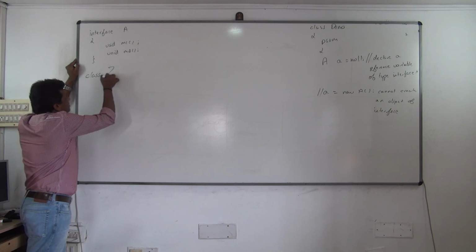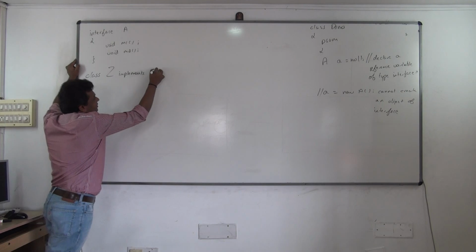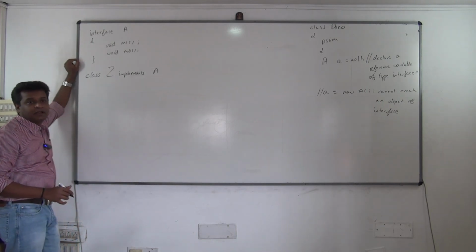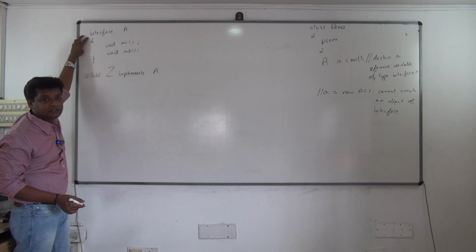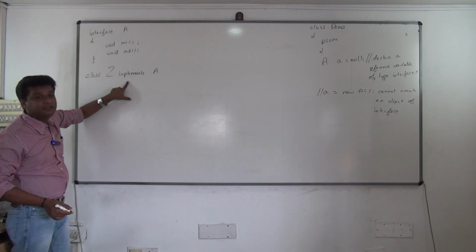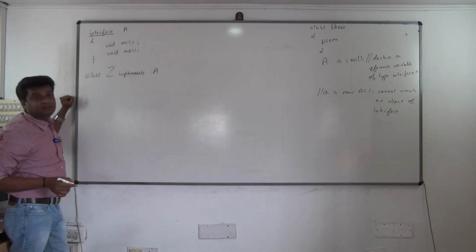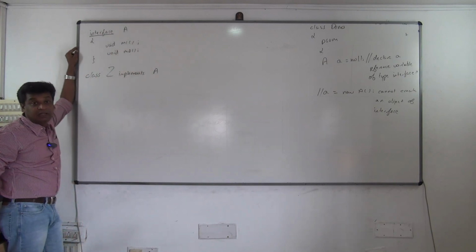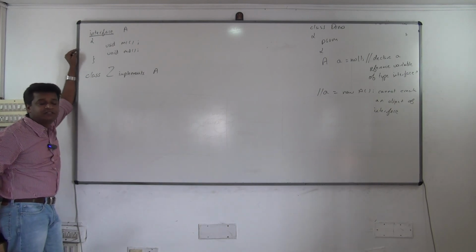Class Z implements A. So I'm introducing 2 new keywords today. One is interface, the other one is implements. An interface data type is designed with the help of the interface keyword. A class data type is designed with the help of class. A subclass data type is designed with the help of 2 keywords, class and extends.